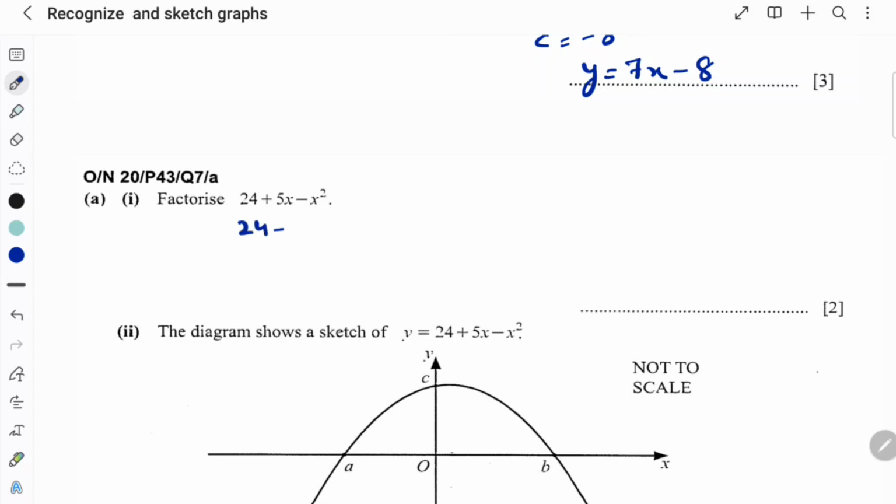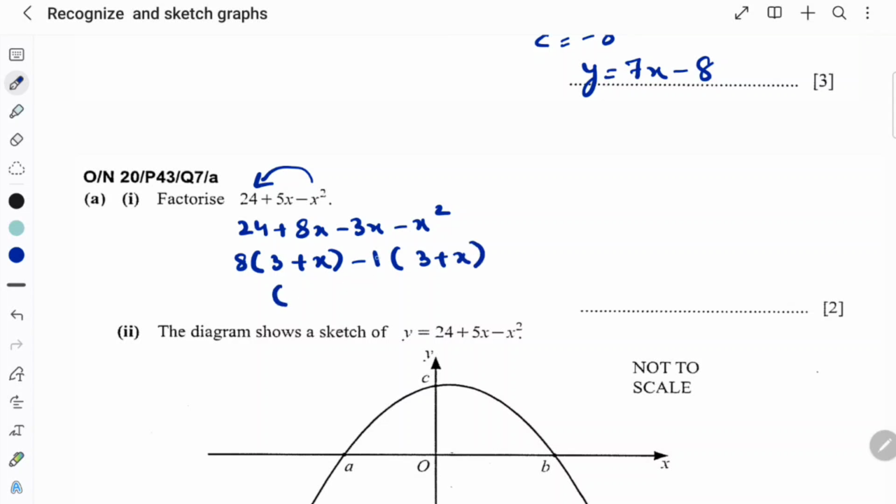So 24, 3 eights are 24, having a difference of 5. 8x minus 3x minus x square. So 8 is common, 3 plus x is common, so that is 3 plus x, then minus x is common. So 8 minus x and 3 plus x is the answer for this part.